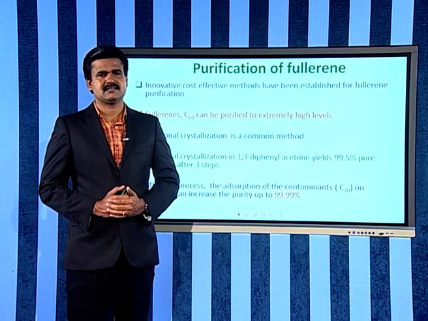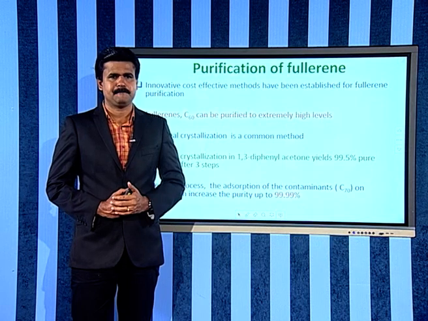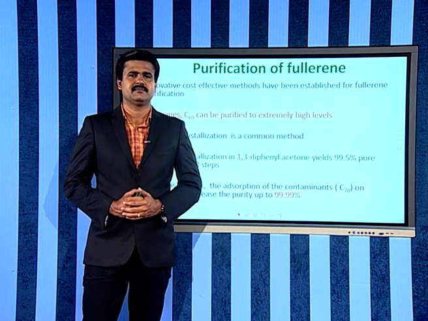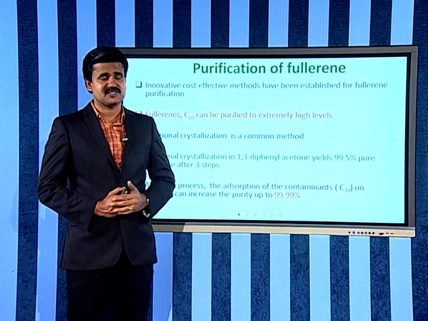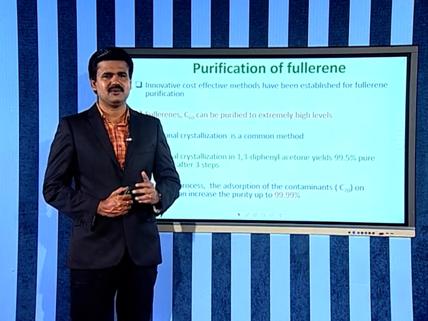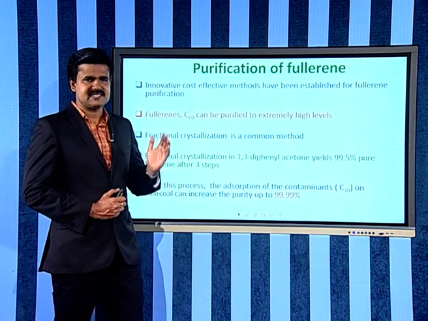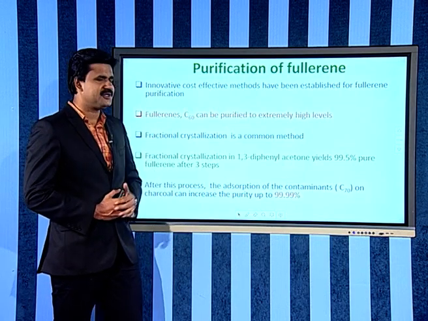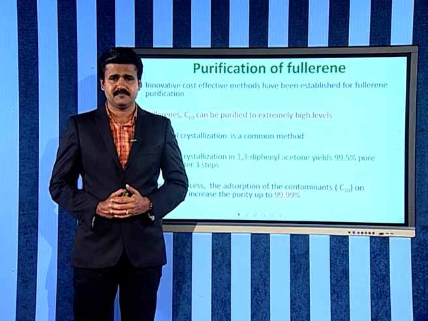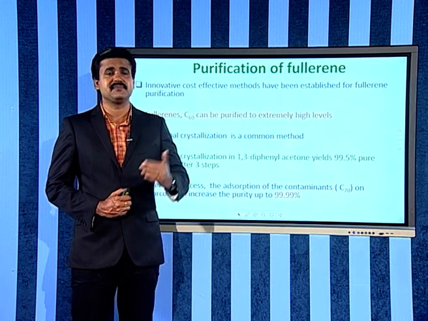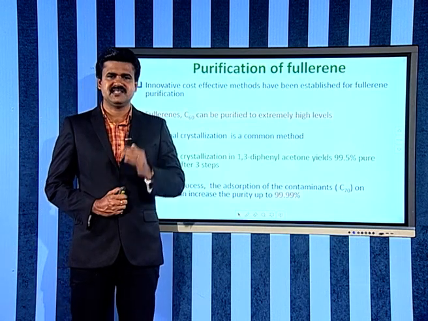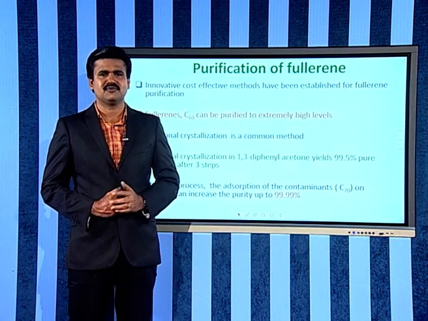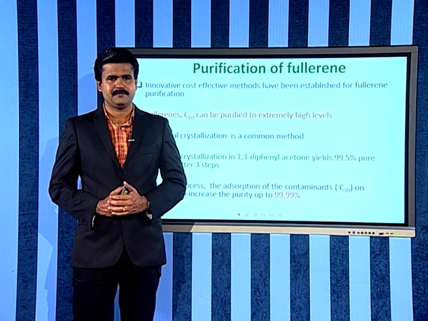Another part is purification of fullerene. Innovative, cost-effective methods have been established for purification of fullerene. C60 can be purified to extremely high levels, that is, purity of a very high percentage. Fractional crystallization is a common method for the purification of fullerene.